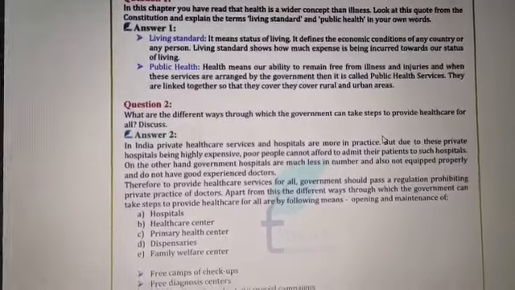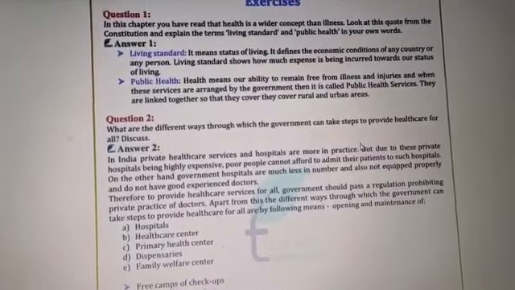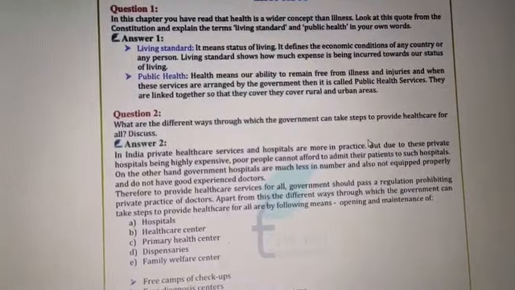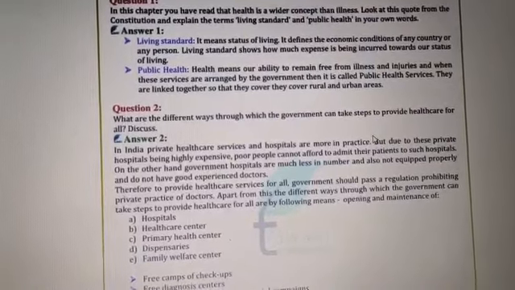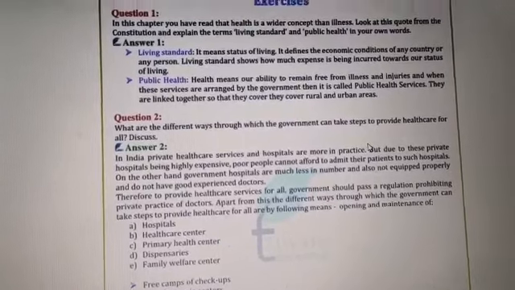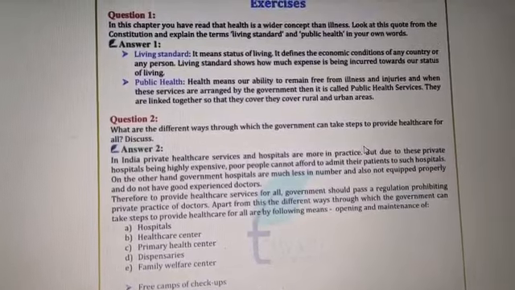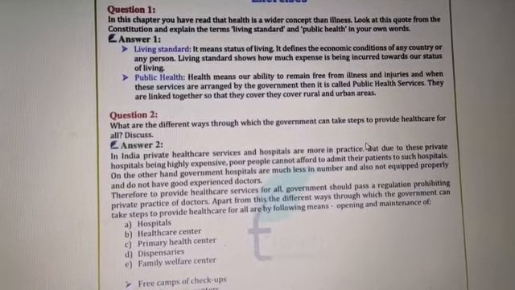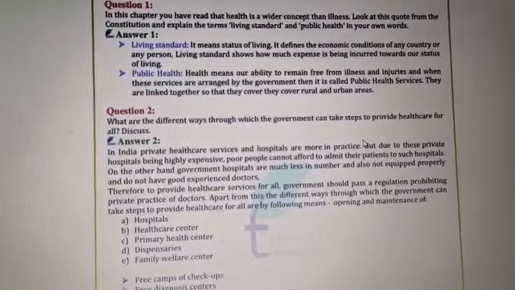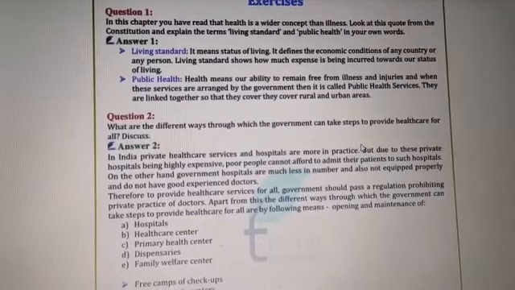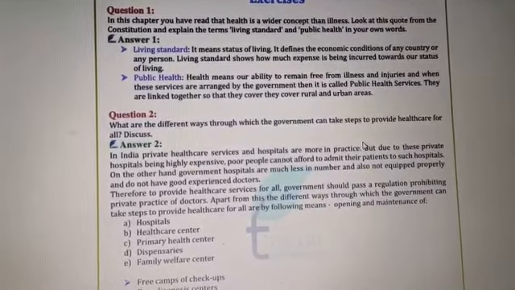So in this answer, as we all know, in India we have different kinds of healthcare services. In those healthcare services we have private healthcare services in majority. But it is not possible for poor people to afford all the services in private hospitals.